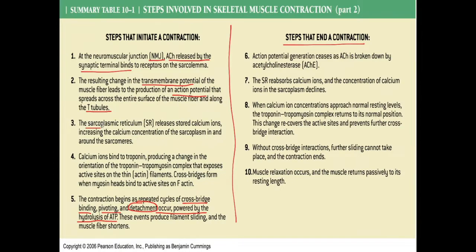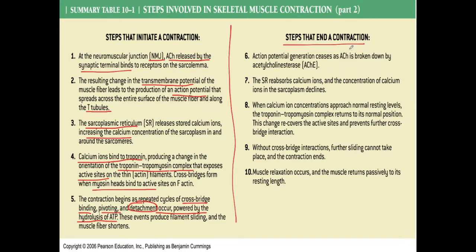The T-tubule butts up against the sarcoplasmic reticulum, which releases calcium. When it releases calcium, calcium binds the troponin, creating a shift in that troponin-tropomyosin complex, exposing the active sites so that the myosin head can actually bind to it.